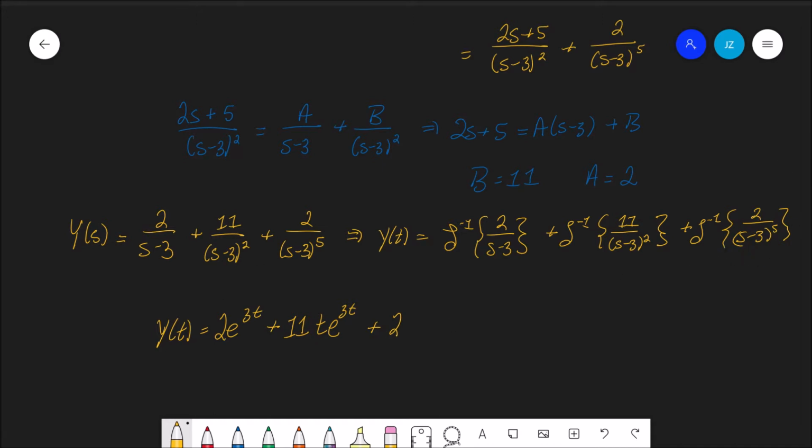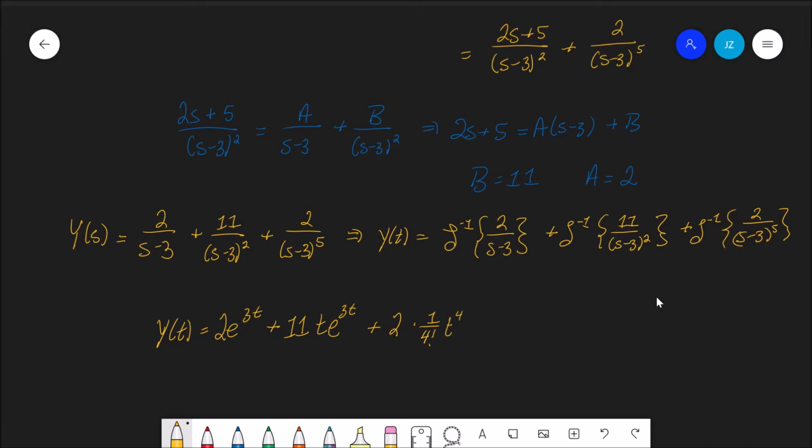Now this 1 over s to the 5th power, the inverse transform of that is 1 over 4 factorial t to the 4th.